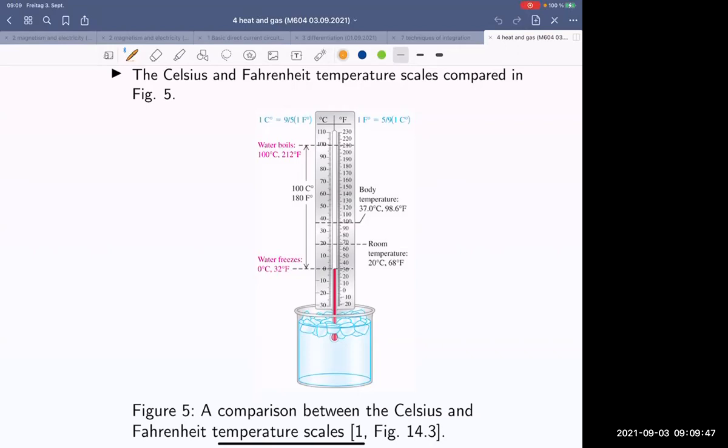If you get out of the building, it's quite rare, except in winter. This is, I would say, the room temperature for North American or European people.